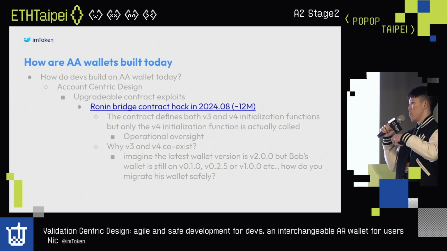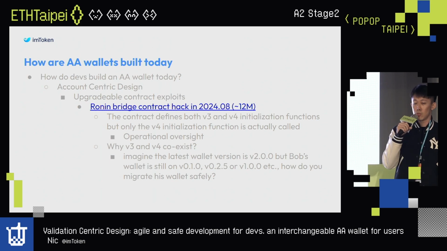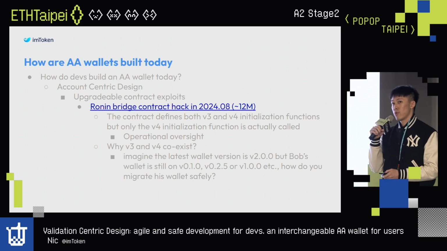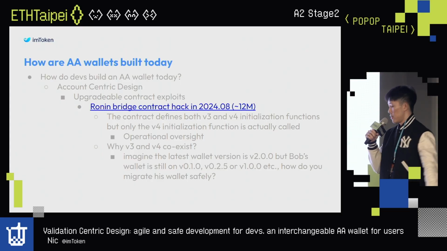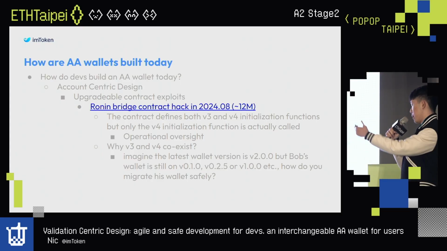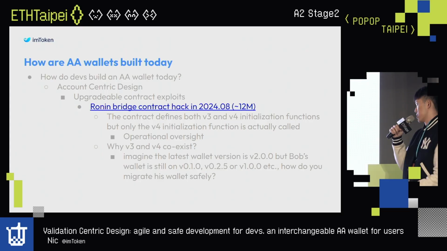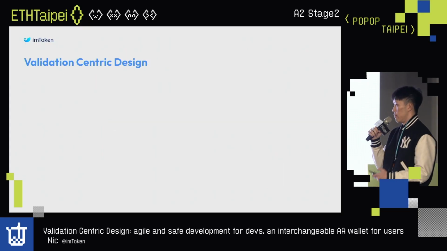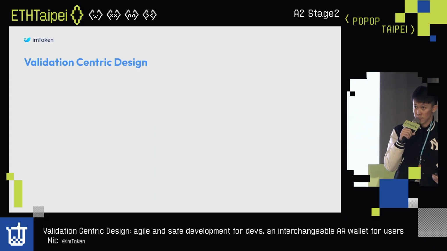Once he comes back online, he has to upgrade to the latest version, right? So how do you migrate his wallet safely? Are you going to keep upgrading through all these versions from 0.1.0 all the way up to version 2.0.0? That's going to be a hell of a lot of risk. So now enter the main topic of this talk, the validation-centric design.